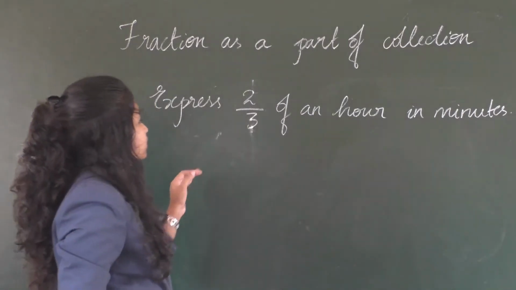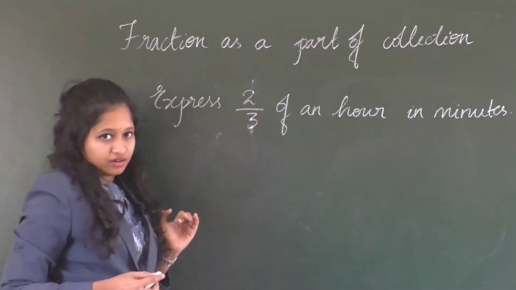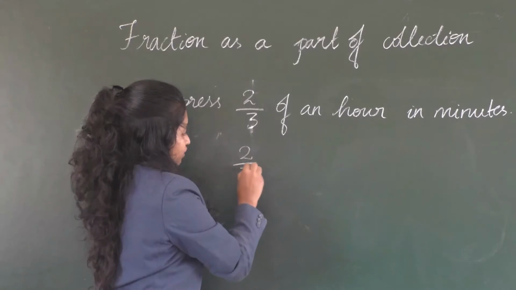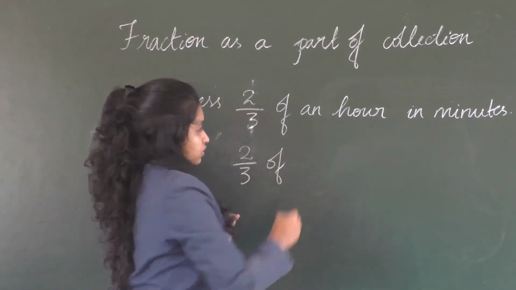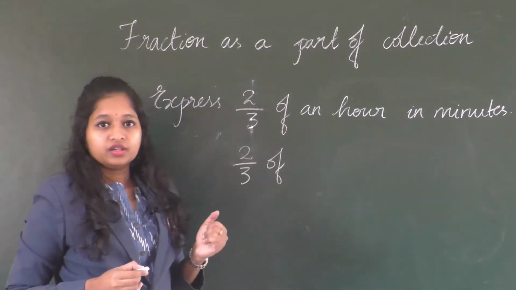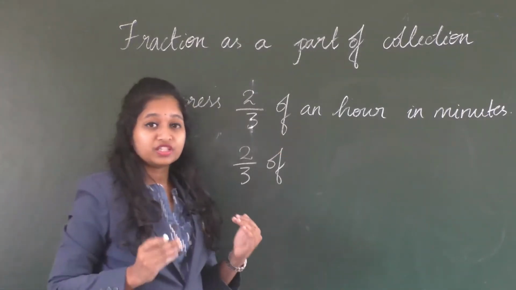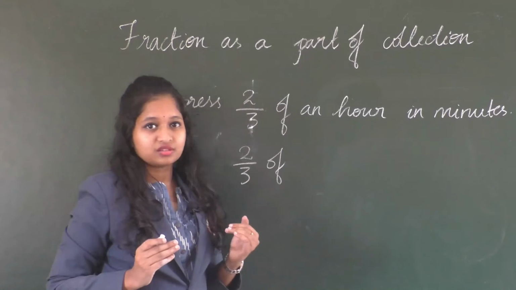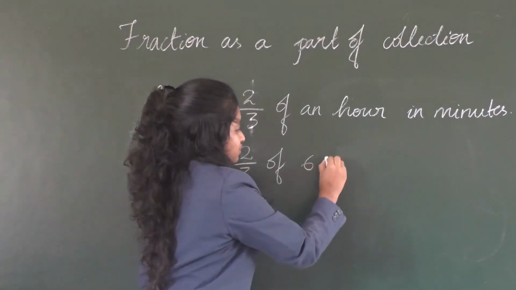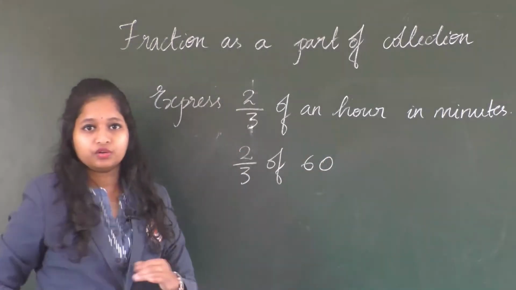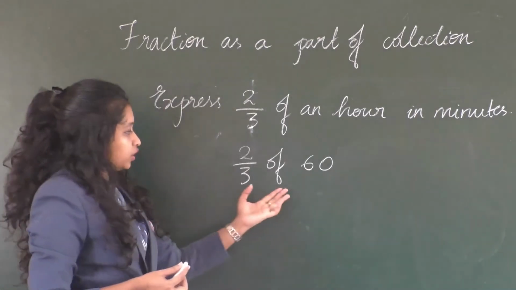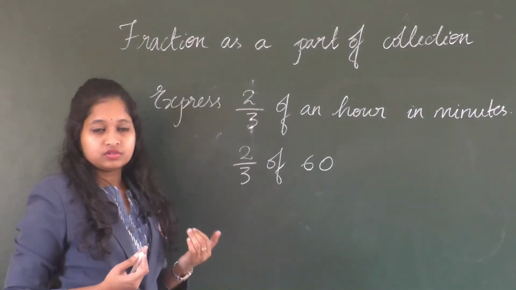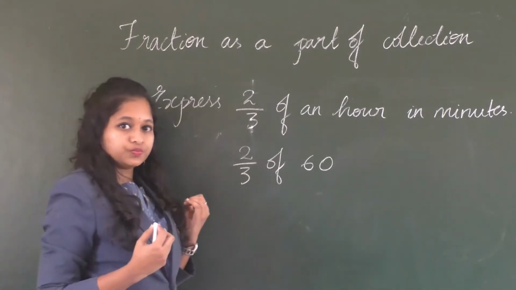Here 2 by 3 of an hour, that is 2 by 3 of an hour. You know that 1 hour is made up of 60 minutes. So we can write it as 60 here. Now the meaning of 'of' is 'into'.